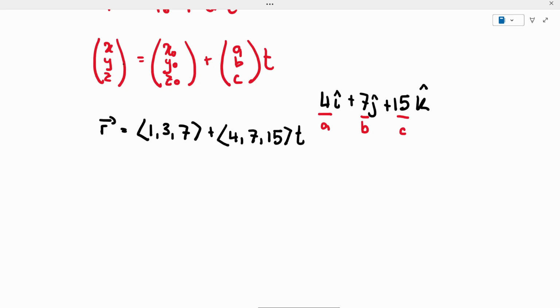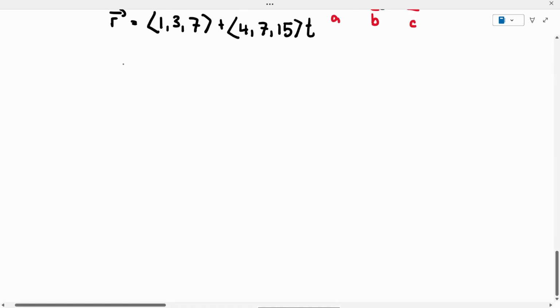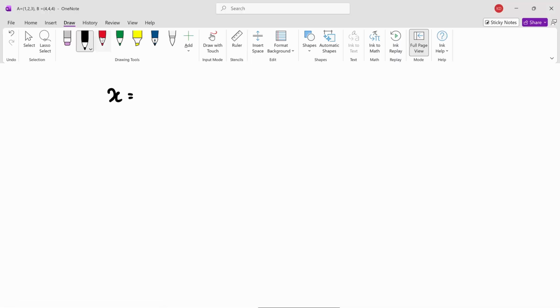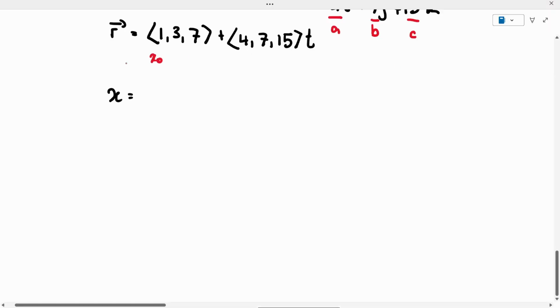And just by the way, if we wanted to write this in Cartesian form, well, I'll just say parametric form real quick. x is x0, y0 is here, because this is the point.